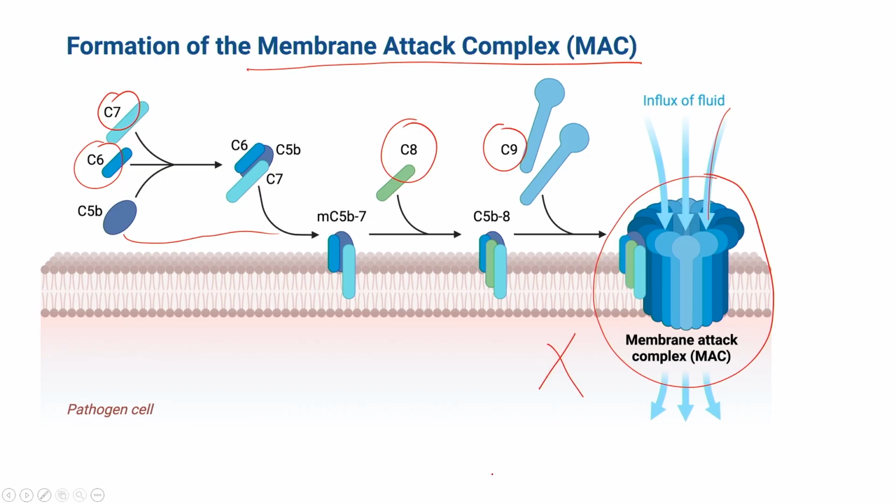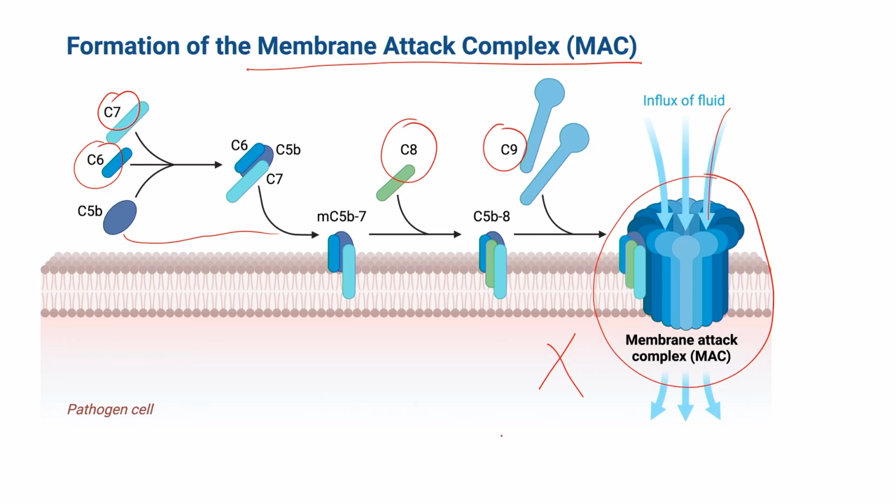So essentially the complement proteins bind to the cell surface through multiple synchronized steps to make a membrane attack complex, and once the complex is formed, the fluid enters the system and makes it rupture. So the microbial cell can be destroyed by formation of the membrane attack complex.